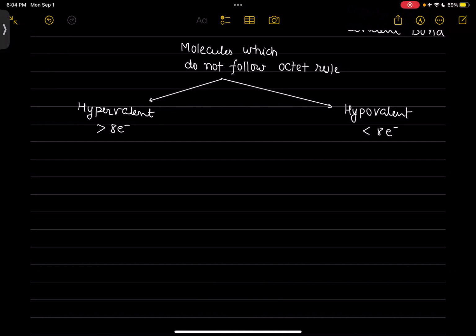Actually, they belong to the third period. A second period element cannot have more than 8 electrons, because the second shell can have a maximum of 8 electrons, right? Yes, sir. So they belong to the third period. Can you give me some examples of those?